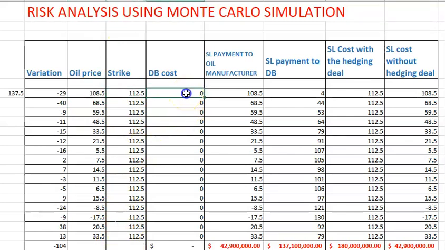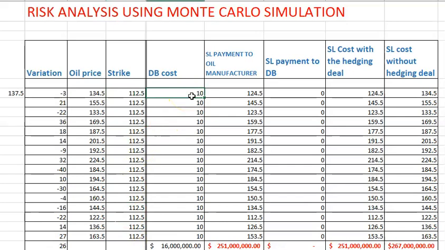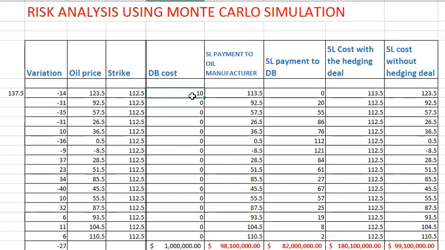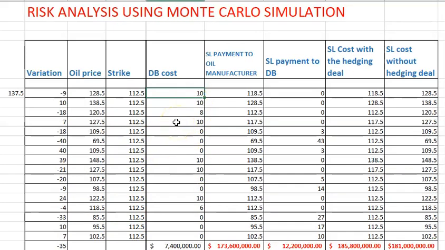And the cost to DB, let's say this one, F10. So basically, every time we refresh, you would get a different cost because these numbers are random numbers. So cost to DB is given in this column, and Sri Lanka has to make a payment to the oil manufacturer, and on some occasions Sri Lanka has to make a payment to Deutsche Bank, if you listened to my previous videos.